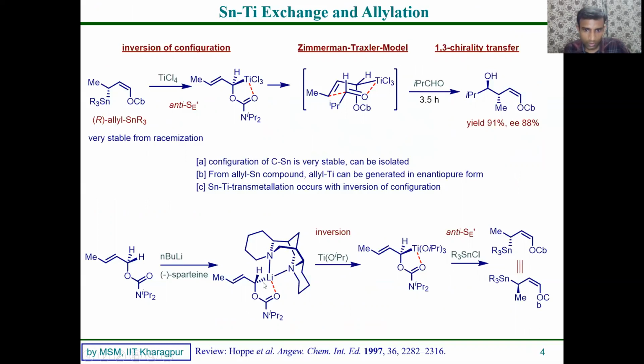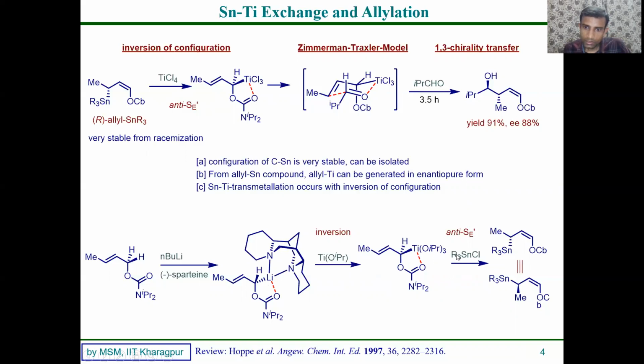Once you have this one, in this case titanium tetraisopropoxide undergoes reaction with inversion of configuration at this chiral carbon center. So here inversion occurs, and you get this allyl titanium compound. And this allyl titanium compound can be reacted with several other electrophiles, not only the aldehyde, but also ketone.